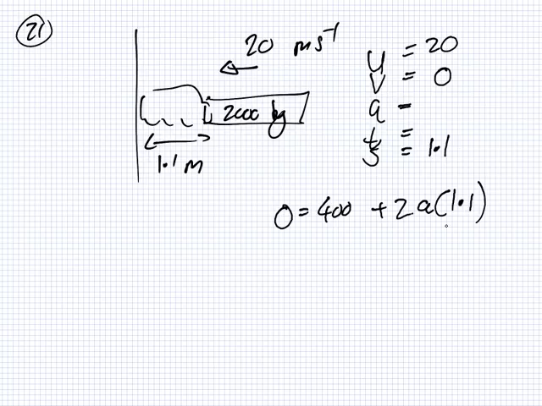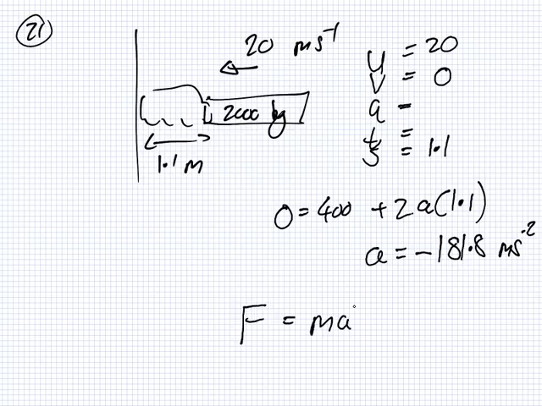Why is my A negative? Decelerating, yeah. And how can I get the force? MA. 363636 newtons with a minus, although if you gave minus or no minus in the answer, I think I still gave you the full marks.